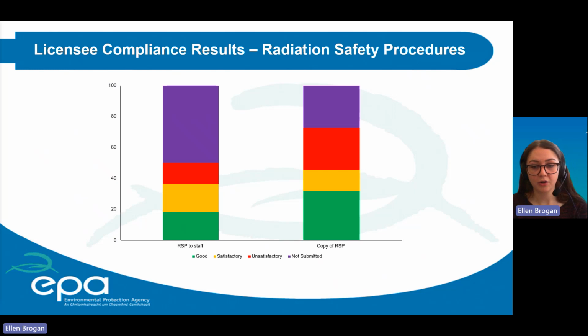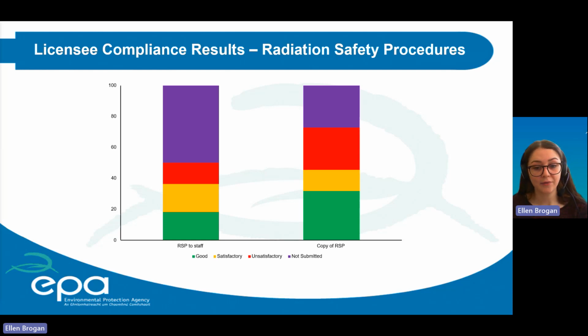And then they were required to upload a copy of their radiation safety procedures, which is the column to the right. And 41% of licensees submitted either satisfactory or unsatisfactory radiation safety procedures. So these either didn't have a signature, or they were outdated, or they didn't take into account the risk assessment, or they didn't set out necessary operational measures to protect staff.